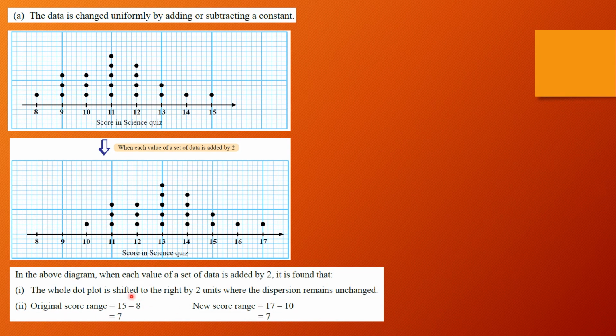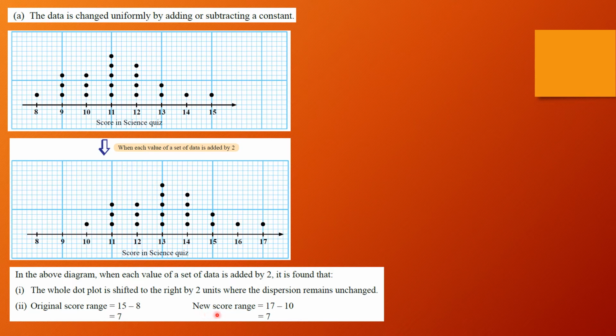In the above diagram, when each value of a set of data is added by 2, it is found that the whole dot plot is shifted to the right by 2 units where the dispersion remains unchanged. The original score range is the largest score 15 minus the smallest score 8, which is equal to 7.